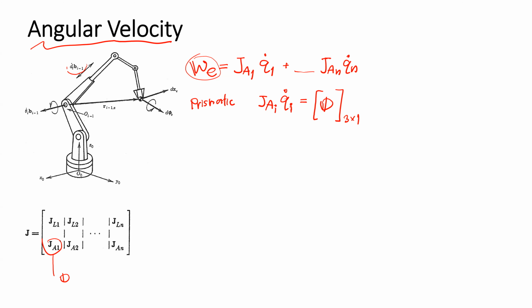For revolute, the Jacobian that relates the angular velocity to the joint velocity.